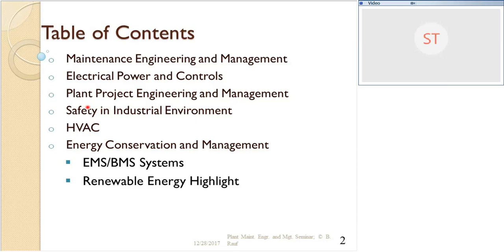Then we'll get into plant engineering, project engineering and management. In a given plant, industrial, commercial setting, whatever, you typically will have a plant engineering department. Sometimes plant engineering is part of maintenance, and sometimes maintenance engineering is part of plant engineering, and sometimes they're combined and referred to as enterprise excellence, which is a term that I got familiarized with when I was in the corporate world for 34 years.